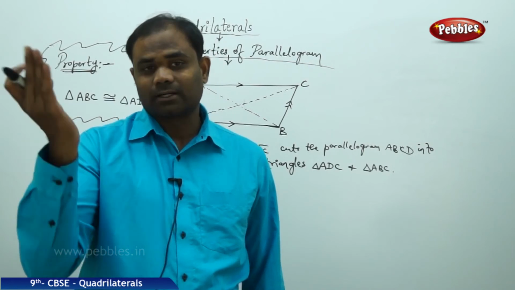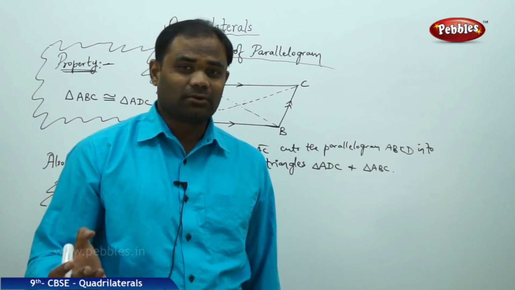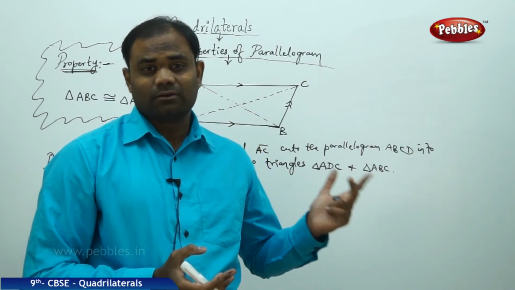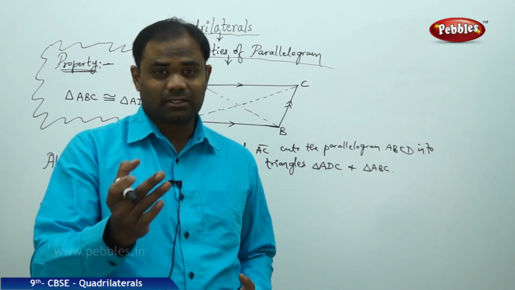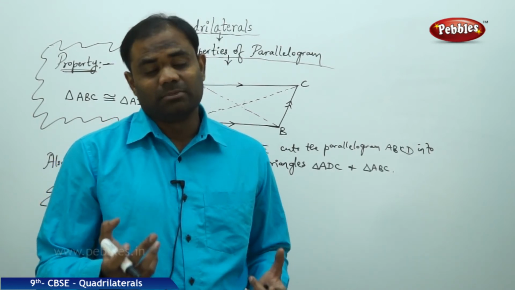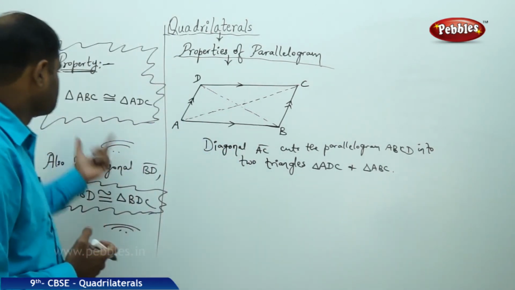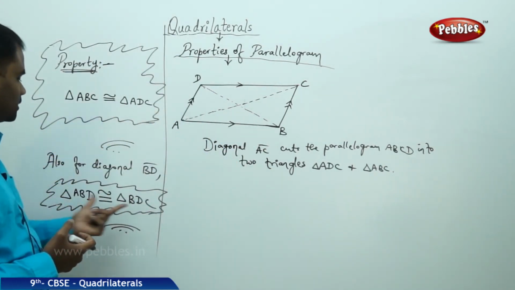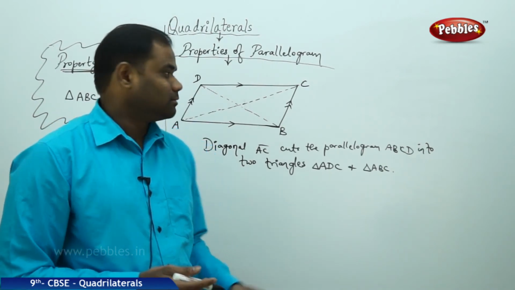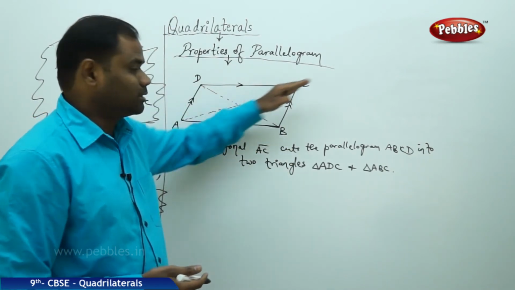A diagonal cutting the parallelogram cuts it into two triangles, and the property says that the two triangles must be congruent to each other. This congruent to this and this congruent to this. There are two diagonals in a quadrilateral, diagonal 1 and diagonal 2.